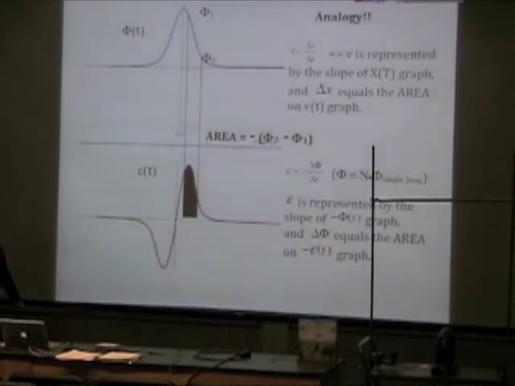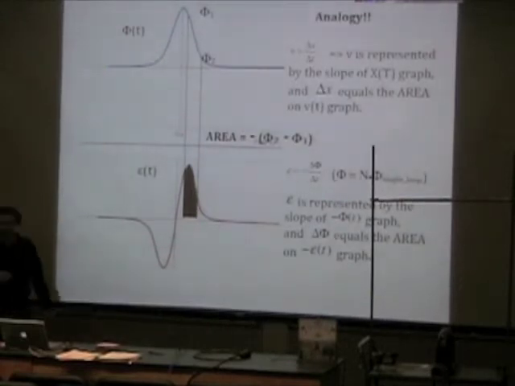They're supposed to be equal to each other because this total area is supposed to be equal to this value minus that value. Now that value is 0. So this area is supposed to be equal to this value minus this value.